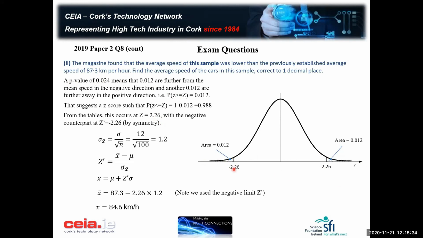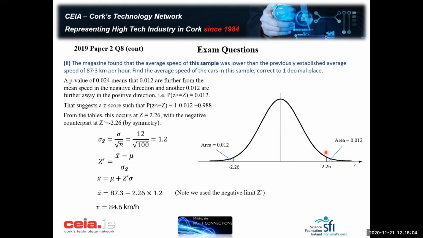So on the Z curve, to get a p-value of 0.024, you would need to have two sets of extreme values, one extreme in one direction, one extreme in the other direction, each of which has a probability of 0.012, because 0.012 and 0.012 would add up to 0.024.